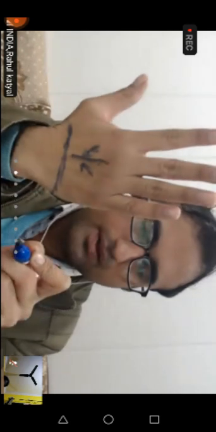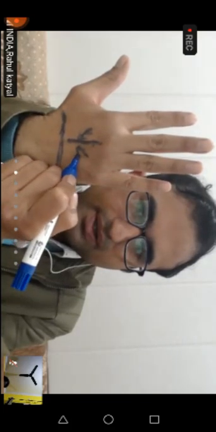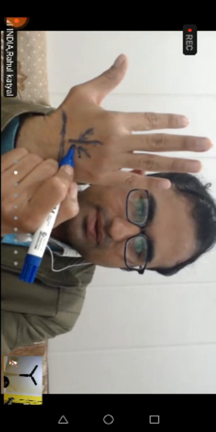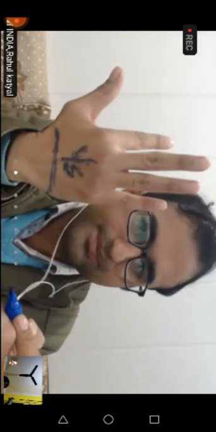Okay, and then we have to treat the inguinal canal, the inguinal ligament. Just go down and go slightly oblique here. So this would be for the inguinal ligament.